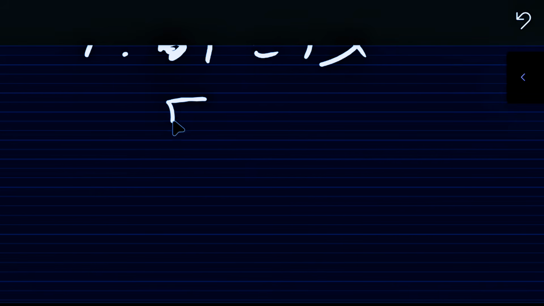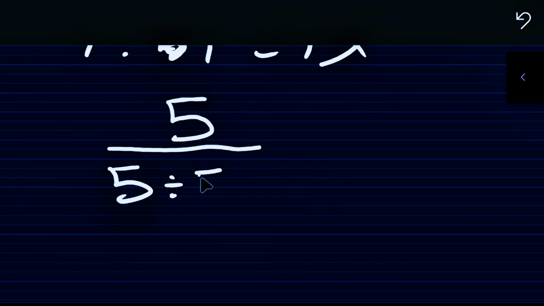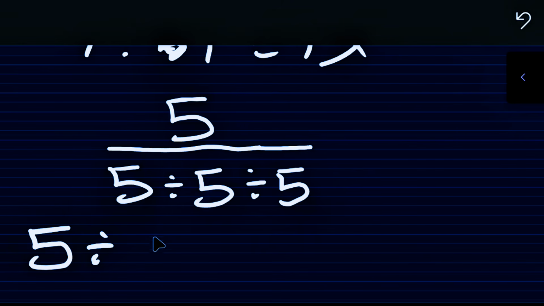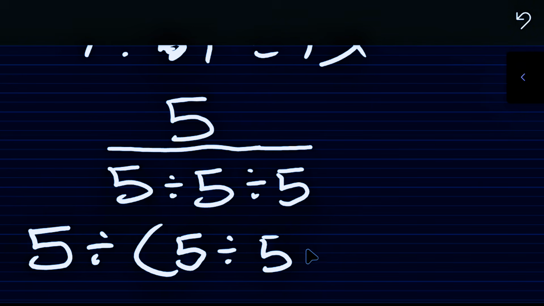So our question is 5 divide by 5, divide by 5, then divide by another 5. Now, to solve this, we are going to put this denominator in parentheses, okay? So we are going to have 5 divide by open parentheses 5 divide by 5, then divide by 5.